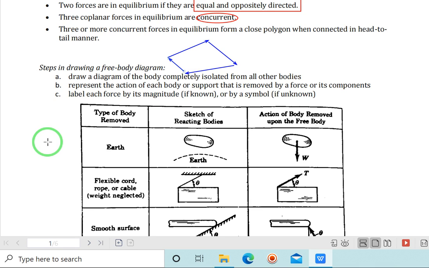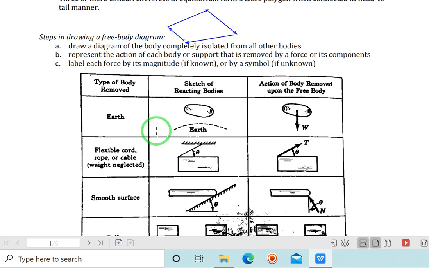So first, draw a diagram of the body completely isolated from all other objects. Then represent the action of each body or support that is removed by a force or its components. Label its force by its magnitude if known or by symbol if unknown. So we have these typical types of body.